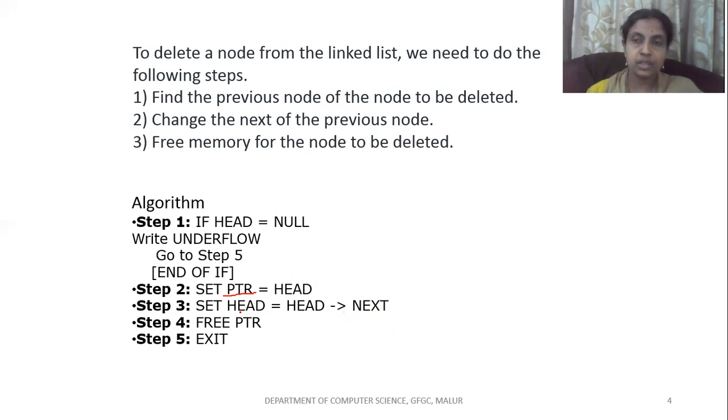So what will happen? The second node address will be set to the head node. Second node address head ku set agmele enagutte? You just need to free the first node and then exit. So this is how deletion of a node in the beginning has to take place.